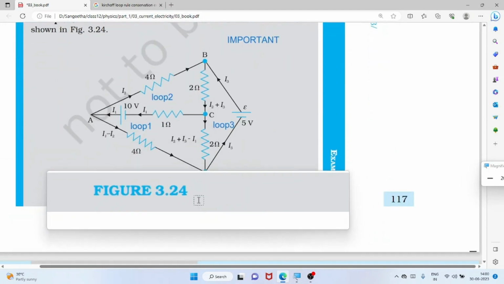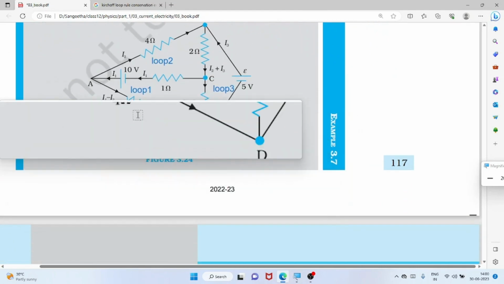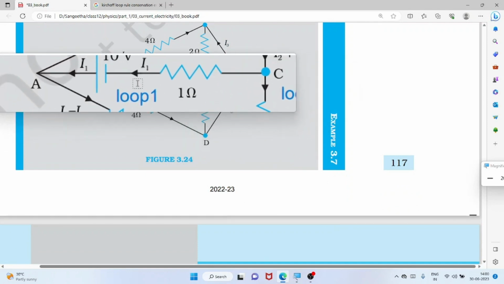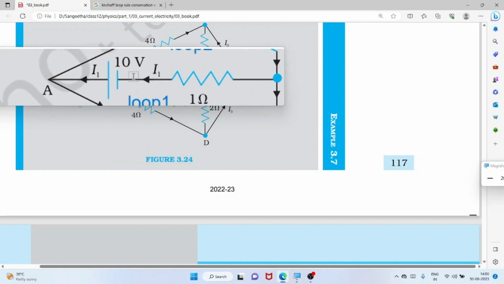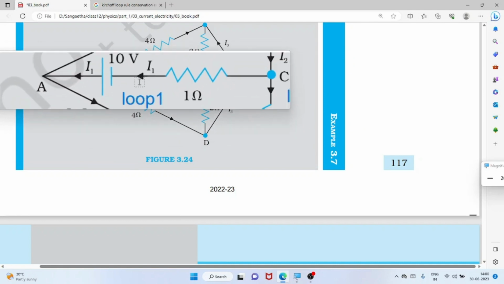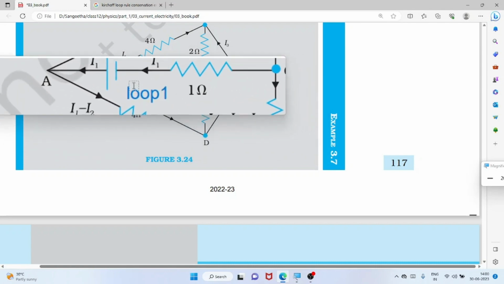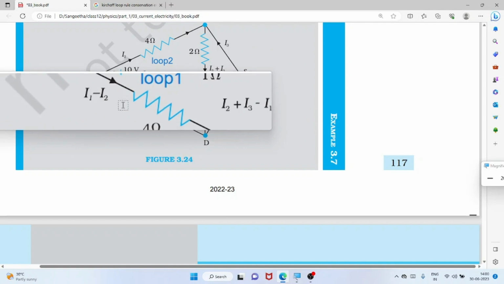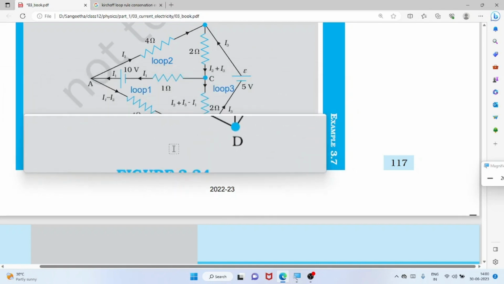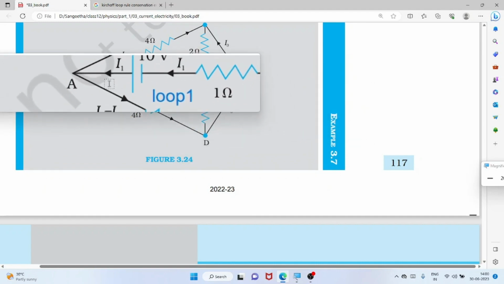Here this is loop 1, loop 2 and loop 3. In loop 1, this current is opposite to this current. This is the direction of the current. So the voltage drop will be negative in the direction of the current, but positive in the opposite direction. 10 minus this voltage, but plus this voltage of 2 across the 2 ohm, it will be plus, because this current direction is opposite to this current direction.